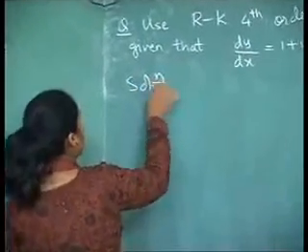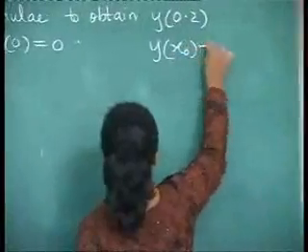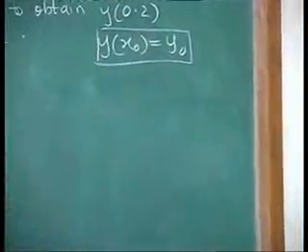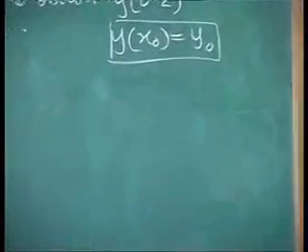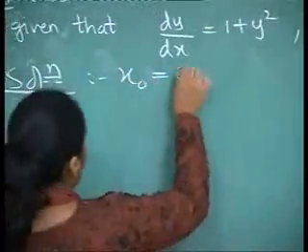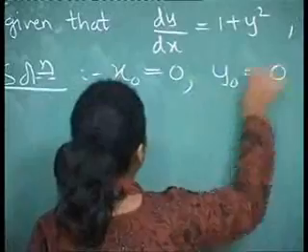The initial condition will always be given in the form y at x0 equal to y0. Remember this. So if we compare it with the initial condition given over here, this is x0 and this is y0. So x0 is 0, here of course both are the same, y0 is 0.